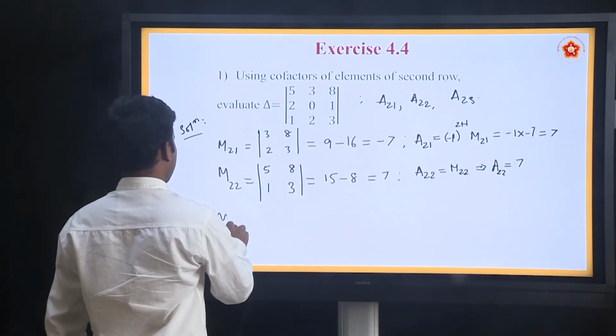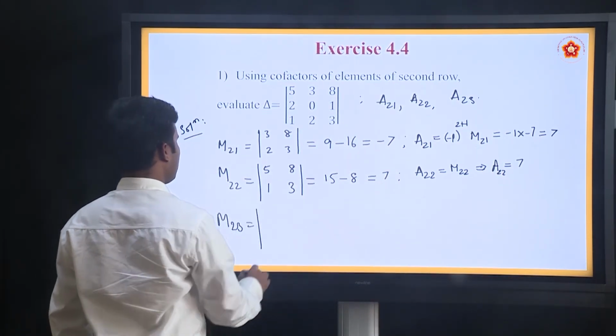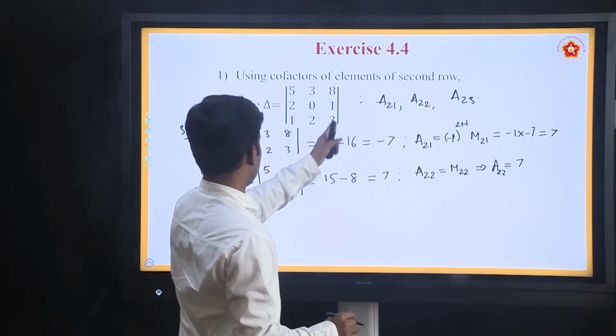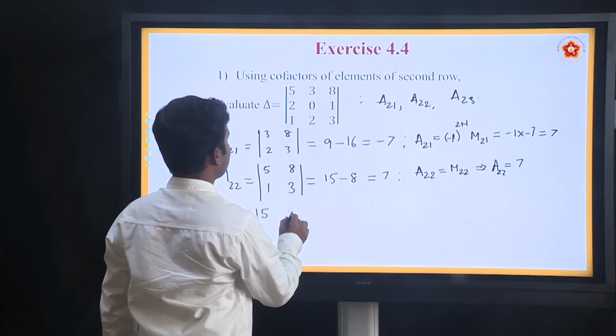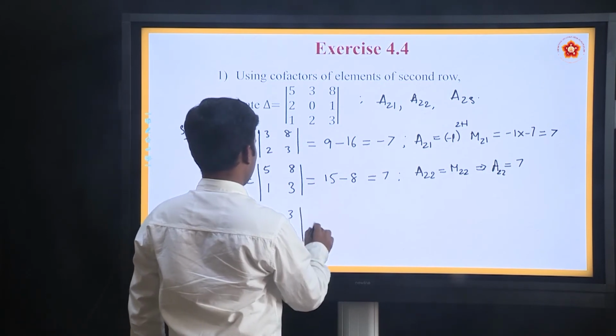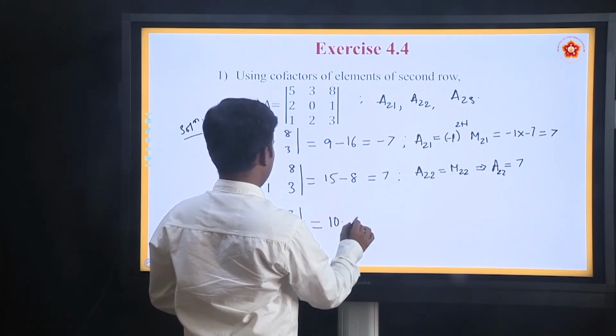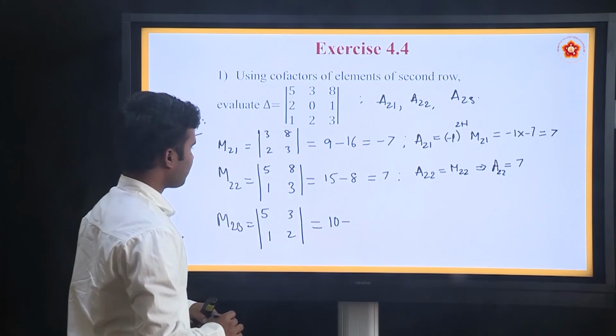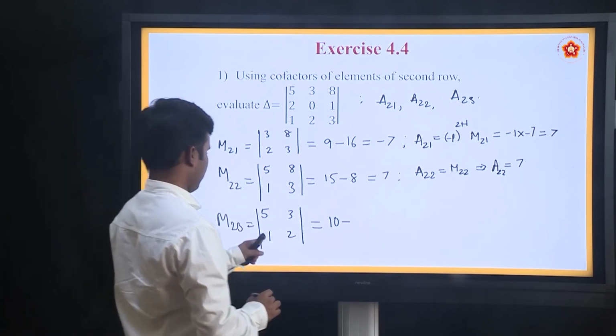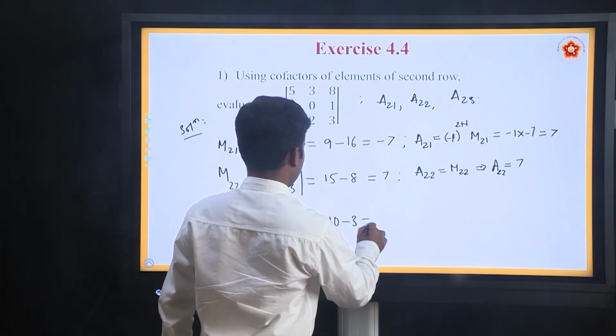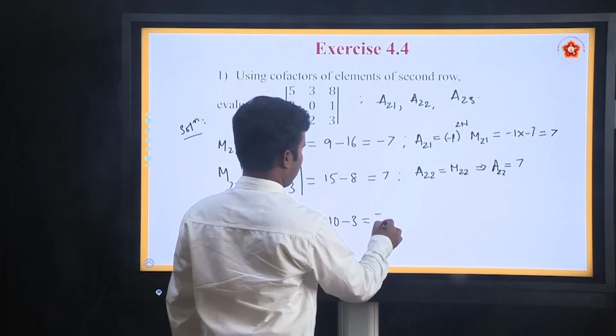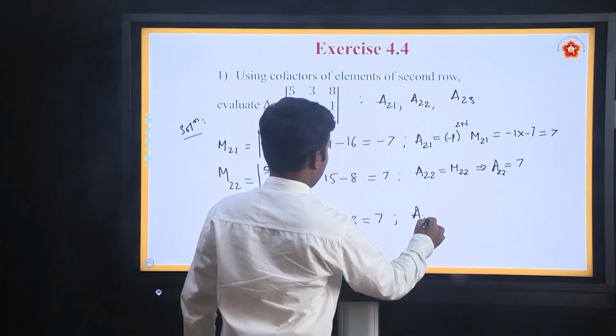Next, M23. You just delete the second row and third column, and you take 5, 3, 1, 2. So, what is this? 5 into 2, 10 minus 1 into 3 is 3, which is equal to 7, fine. What is A23?